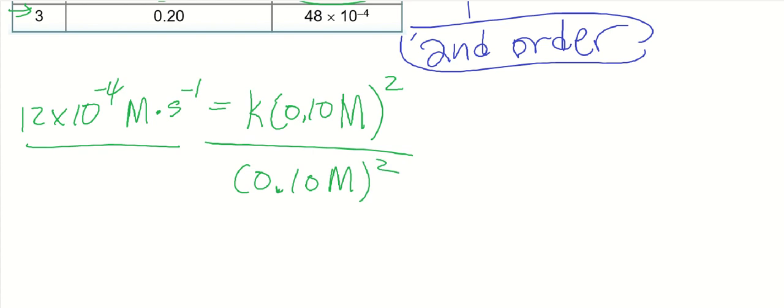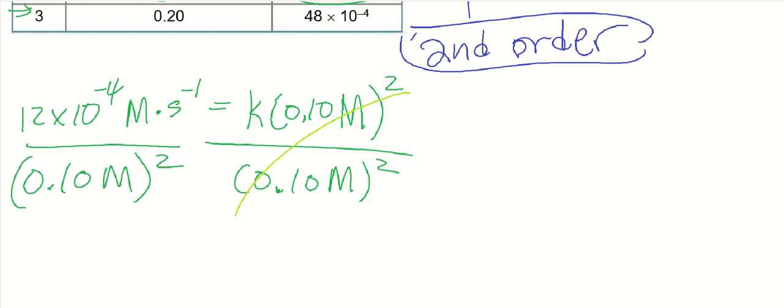All right, and do the same thing on the other side. Let's wipe those out. That's the whole point of that. Isolate K.